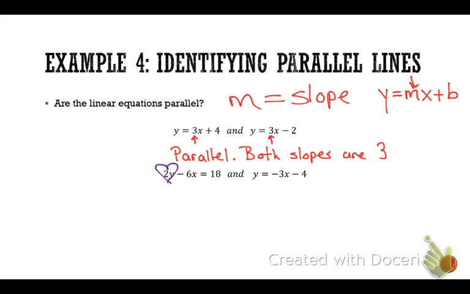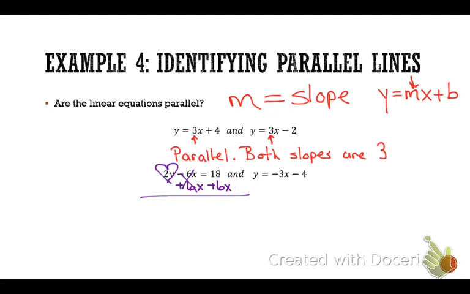What would I do next? I've got to get y by itself before I can compare my slopes. What do you guys think? You add 6x to the other side, just like we did yesterday. And then we bring everything down, right? We cannot combine 18 plus 6x.